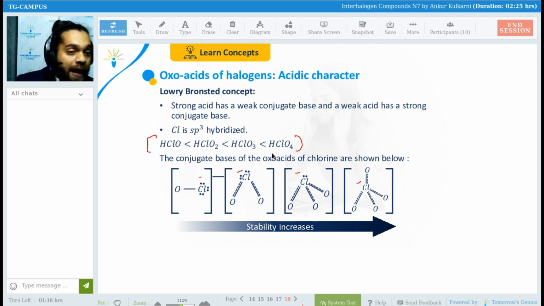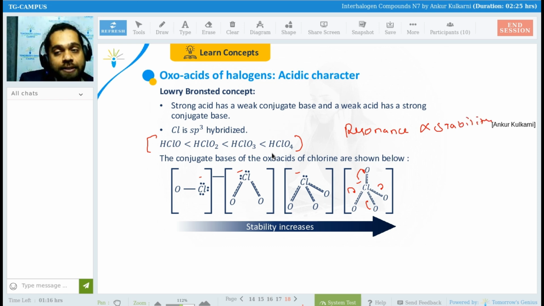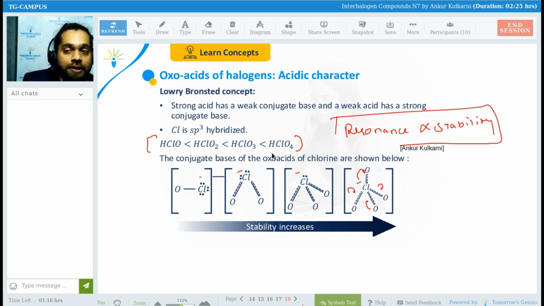As the oxygens are more, that negative charge can undergo resonance at 4 different oxygen structures. So more the resonance, more the stability, more the acidity. Resonance increases the stability.